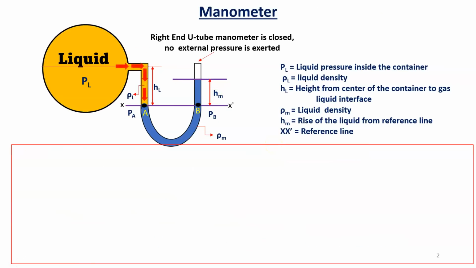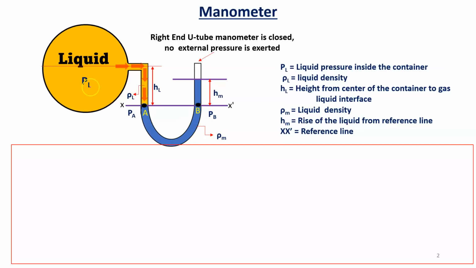Now next, consider some liquid is there in the container, and we are going to calculate how to find the pressure inside the container. Here the liquid pressure is PL, and that pressure is exerted on the manometric liquid, that is rho m, blue color.